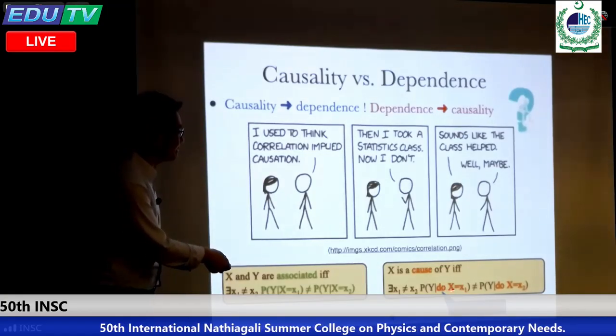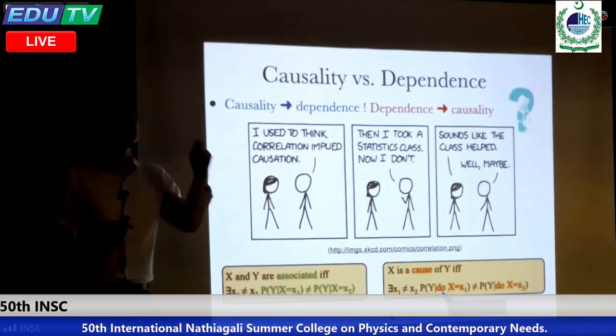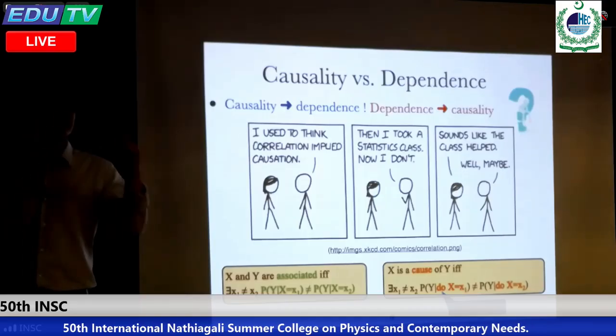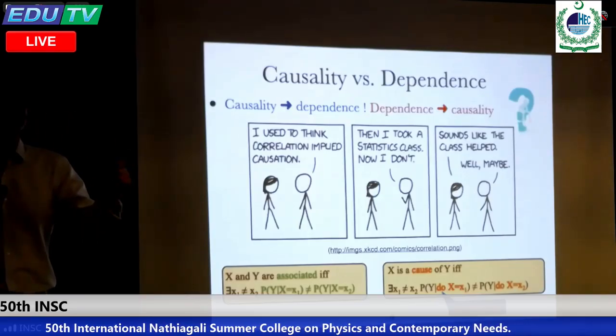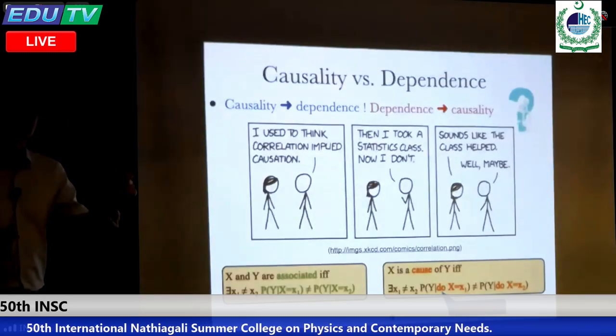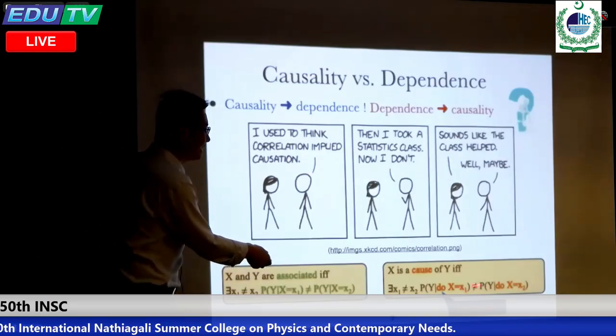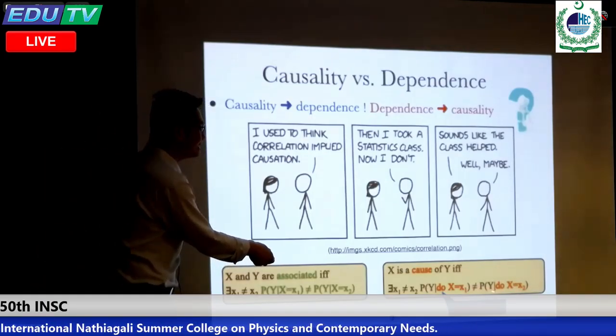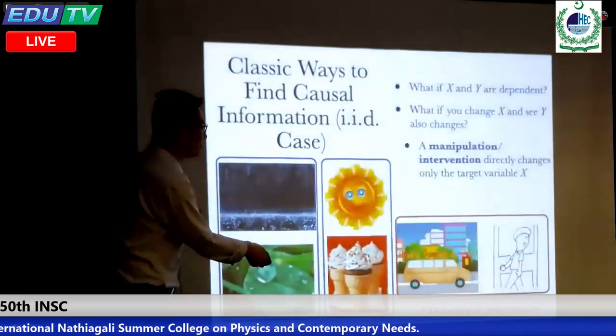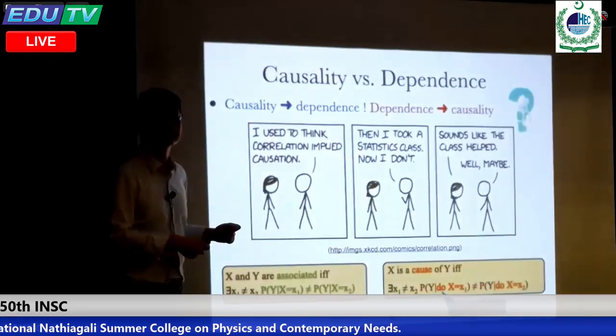So do is the intervention. Basically, when you do an intervention on something, you only directly change this thing without directly changing any other thing in the system. So now you do an intervention on X to set the value of X to different values right here. And then if you can see the difference in Y, the distribution of Y, then we say X causes Y. Why?